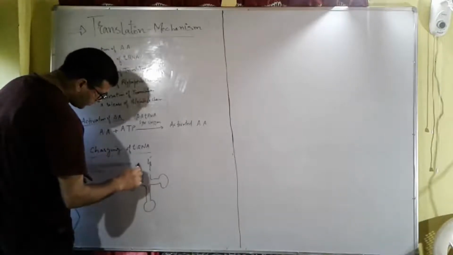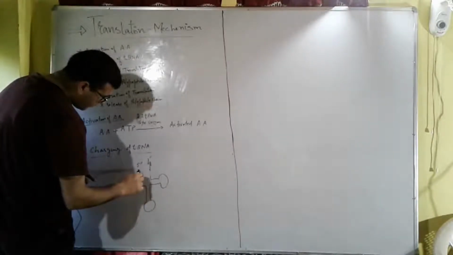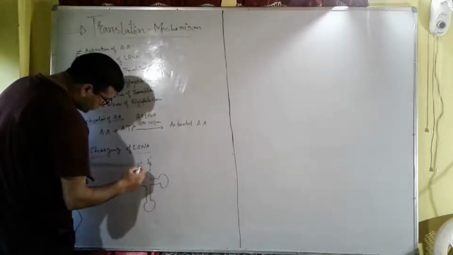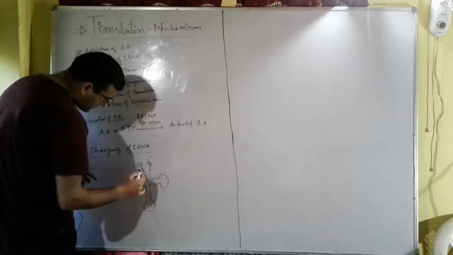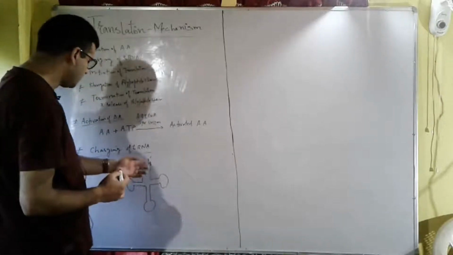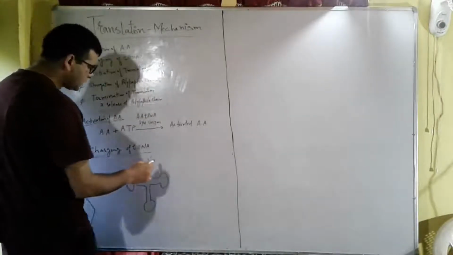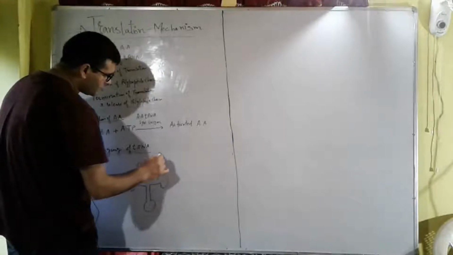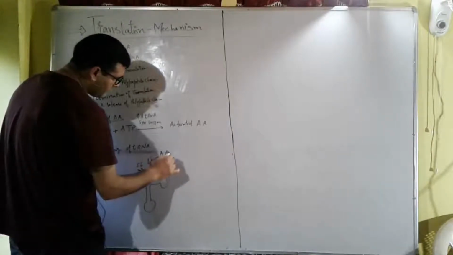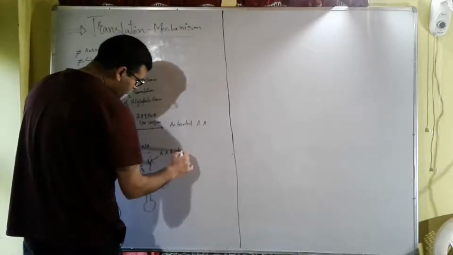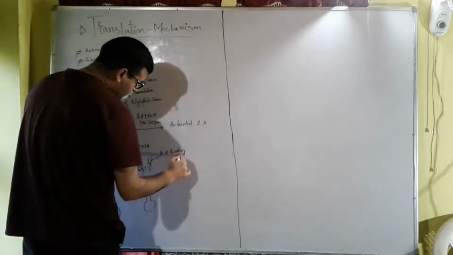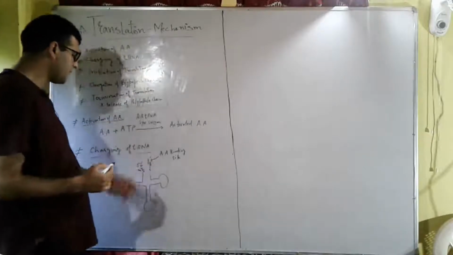Here we have the 5' end, where we find phosphate, and also a 7-methyl guanosine cap at the 5' phosphate end. This 3' hydroxyl end serves as an amino acid binding site.